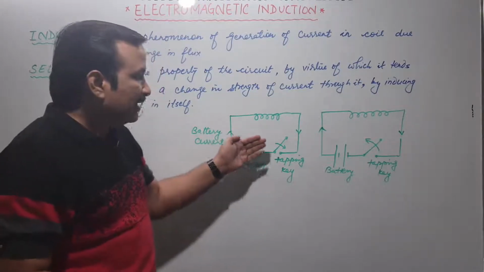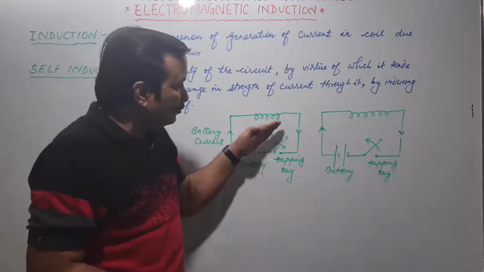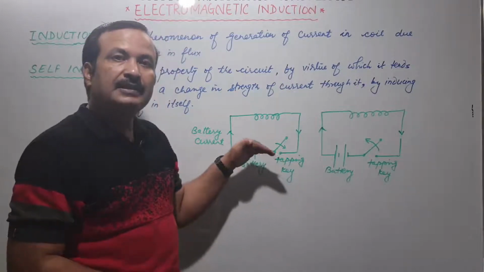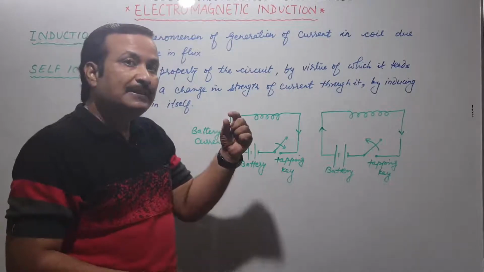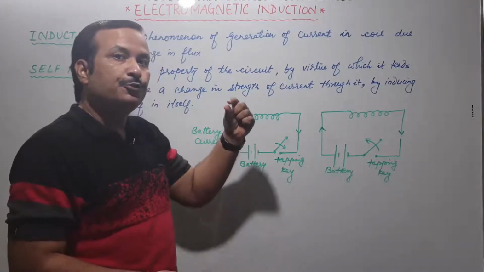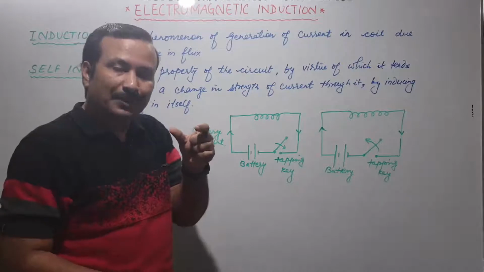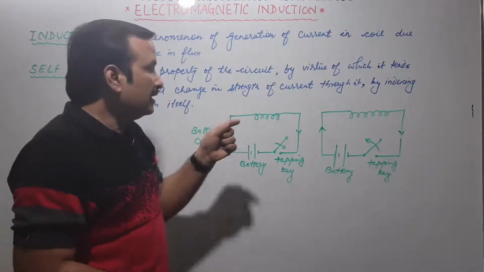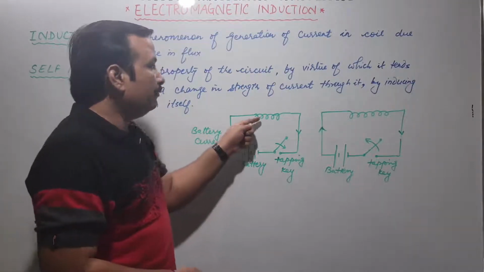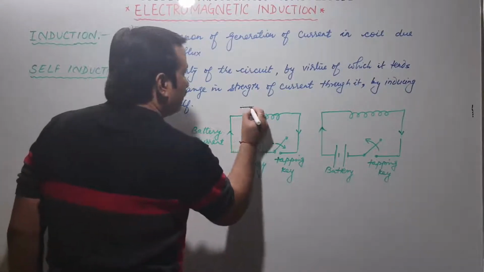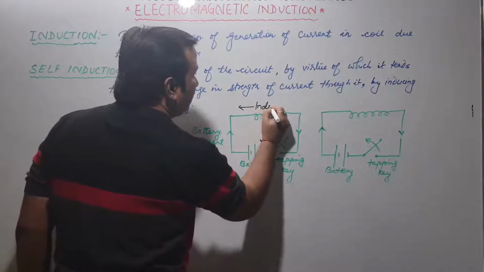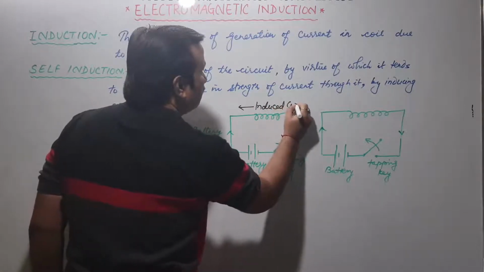What happens? Initially there is no current. When you tap this key, the current starts from 0 to maximum value, right? So that means the flux change will be from 0 to maximum value. So momentary change of the flux. So because of that, there will be induced current in this coil. So the direction of this induced current will be opposite to the battery current.